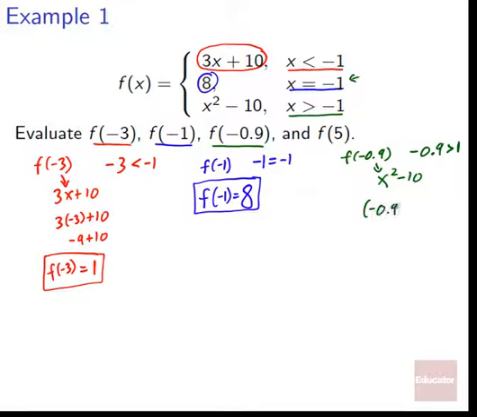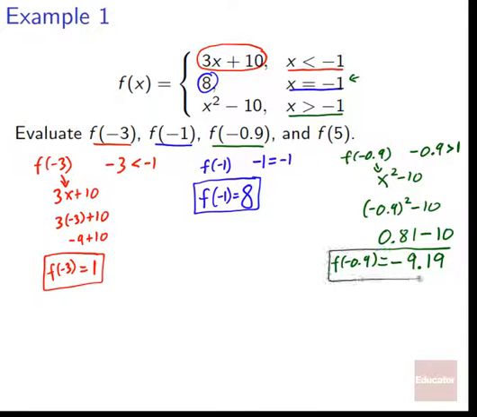We've got negative 0.9 squared minus 10. Negative 0.9 squared is 0.81, it becomes positive. Anything squared becomes positive as long as it's a real number. 0.81 minus 10 becomes negative because the 10 is bigger, negative 9.19. So f of negative 0.9 is equal to negative 9.19.